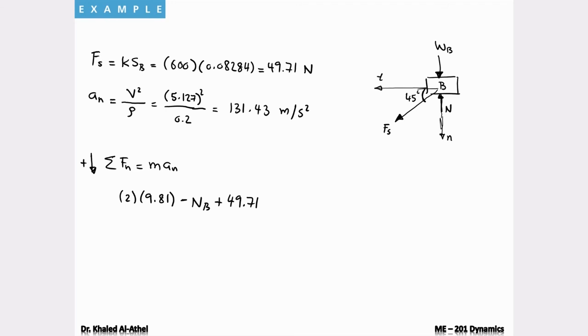It's 45, so sine or cosine does not matter, but you have to choose the proper one. This is the component that you want, so it is sine of the angle, sine 45 degrees. This should equal to M, which is 2 kilograms, multiplied by AN, which we just calculated to be 131.43.